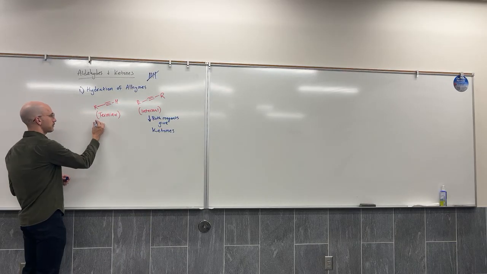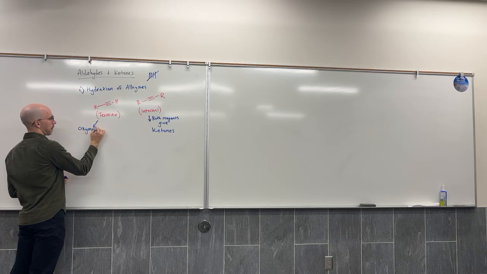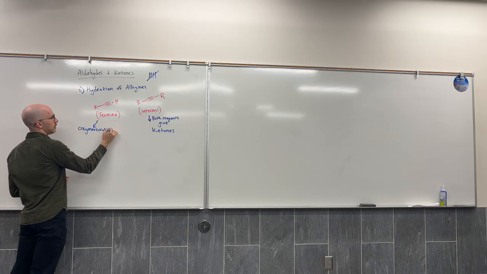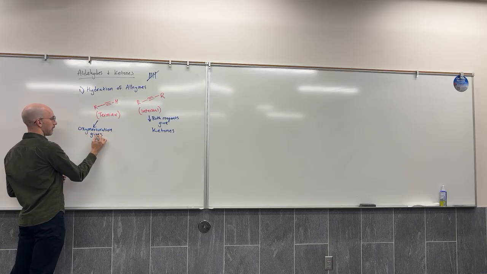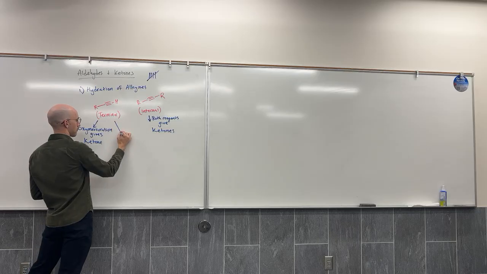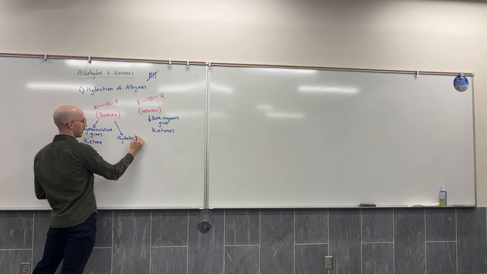It doesn't matter. But on a terminal alkyne, oxymercuration gives a ketone, and hydroboration oxidation gives an aldehyde.